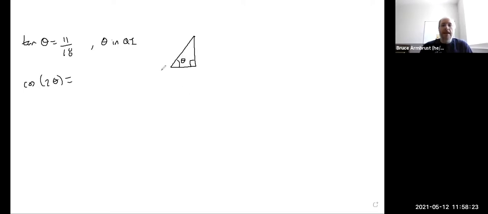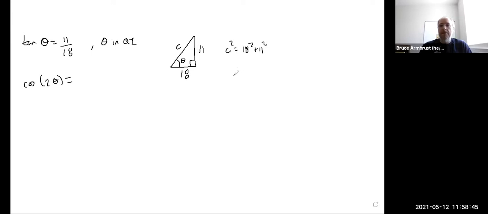So if this is my theta, then my tangent is opposite over adjacent. So the opposite side is the vertical side here, and the adjacent side would be the horizontal side, which means I can find that third side by using the good old Pythagorean theorem.